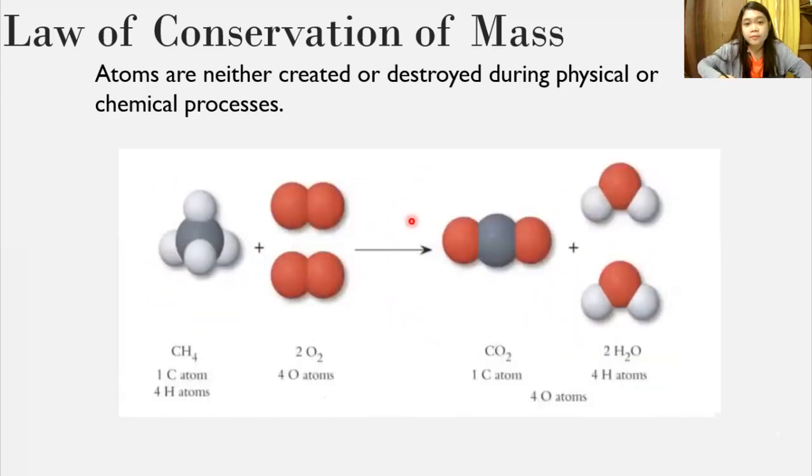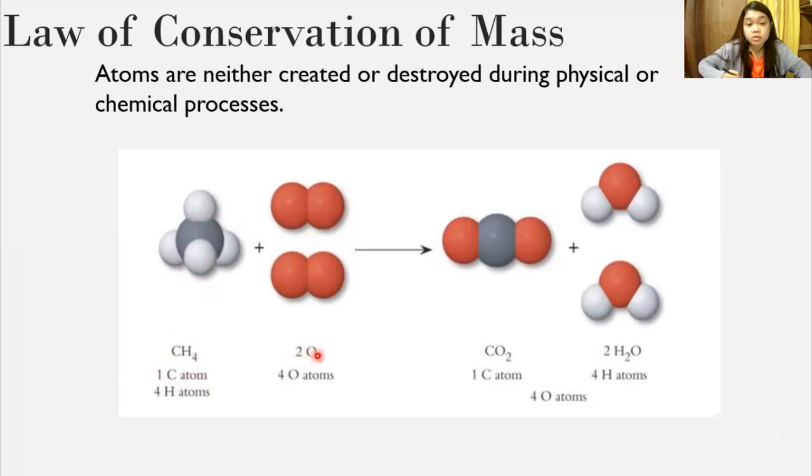So here, to illustrate using compounds as an example, we have 1 mole of methane. In 1 mole of methane, it consists of 1 carbon atom and 4 hydrogen atoms. So the carbon atom is here and it's bonded with 4 hydrogen atoms, the white ones.